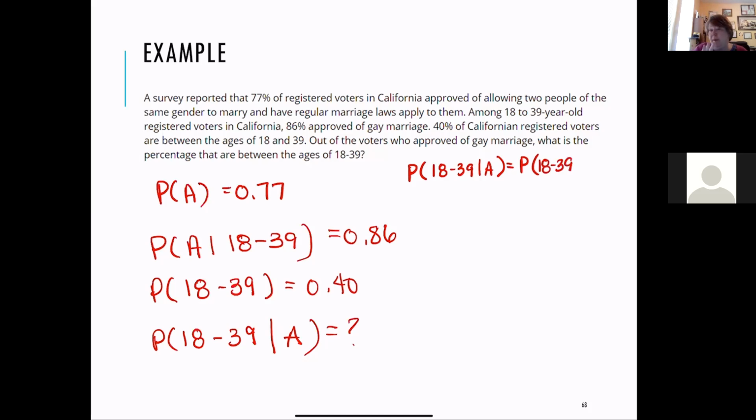This is the formula by definition. This is not something I'm thinking of. This is Bayes' formula, divided by the probability that I approved. That's what the formula says.